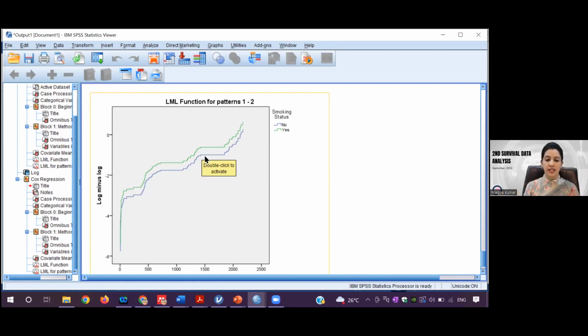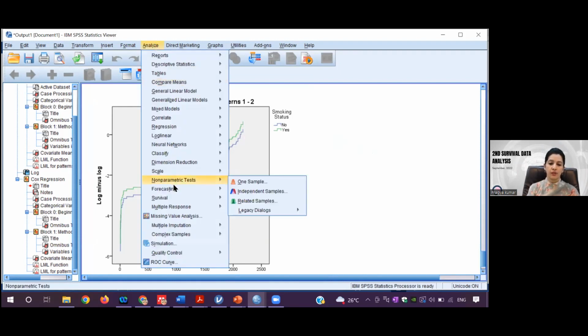We just see that the lines should not cross: blue should not go up and green should not go down. It should be almost parallel. So again, met. So we have decided to keep smoking also in our model.